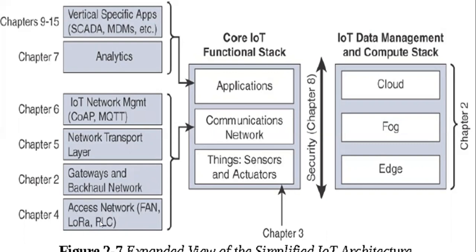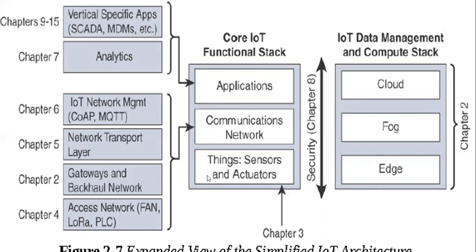For that we have different kinds of networks, such as field area network, LoRa. Apart from that, an advanced kind of network, for LoRaWAN we are calling it PLC. Such types of field area network we are generating between the communication network and the sensors. Then after establishing that, the information we receive should be received through the gateway.